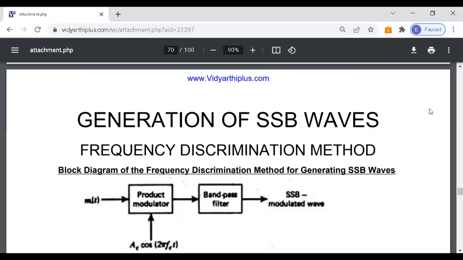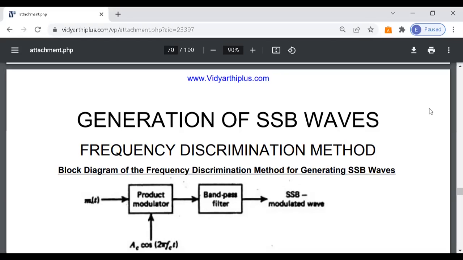Why do we want to do single sideband modulation? Because it saves power.